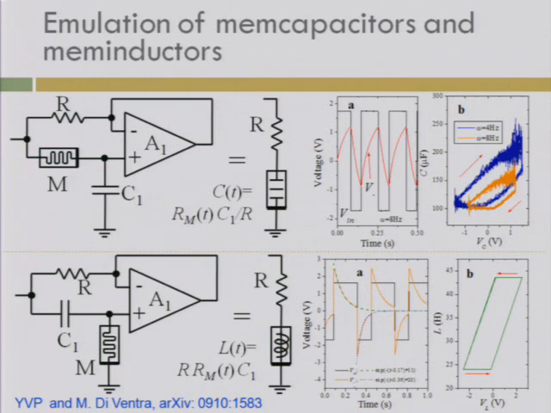And replacing the places of the capacitor and memristor, we can obtain equivalent Mem-inductive behavior. And this simulation shows that the value of capacitance and the value of inductance in the circuit changes.